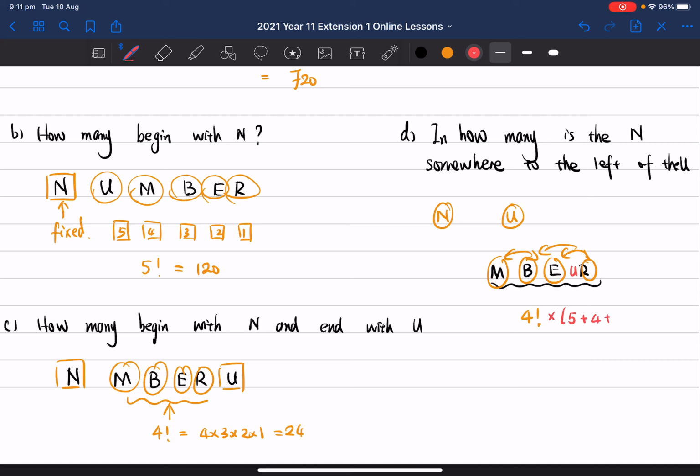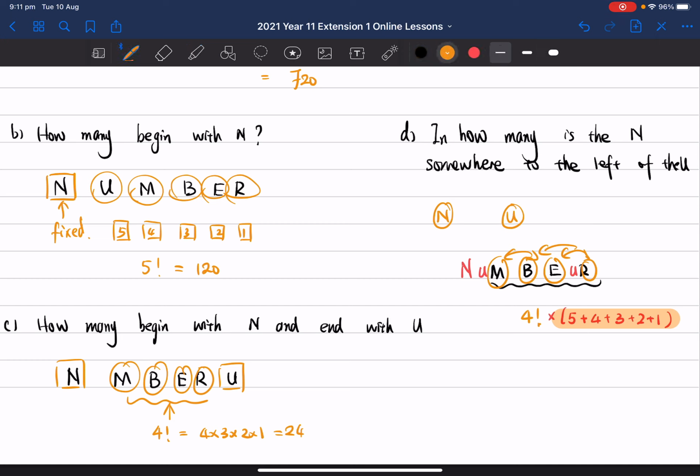Now you can continue this pattern by shifting the U one place to the left, and you will end up with 3 places for N, 2 places for N, and finally 1 place for N, because if you put U here, the only position for N is just in front of U. So what you do is add all the possible ways: 5 plus 4 plus 3 plus 2 plus 1.